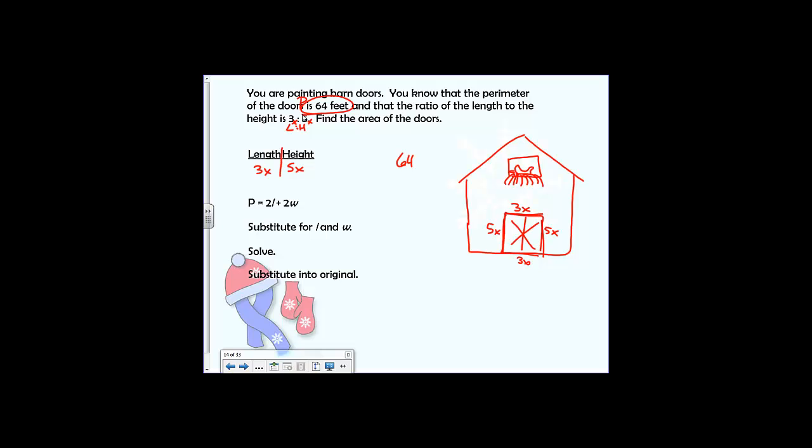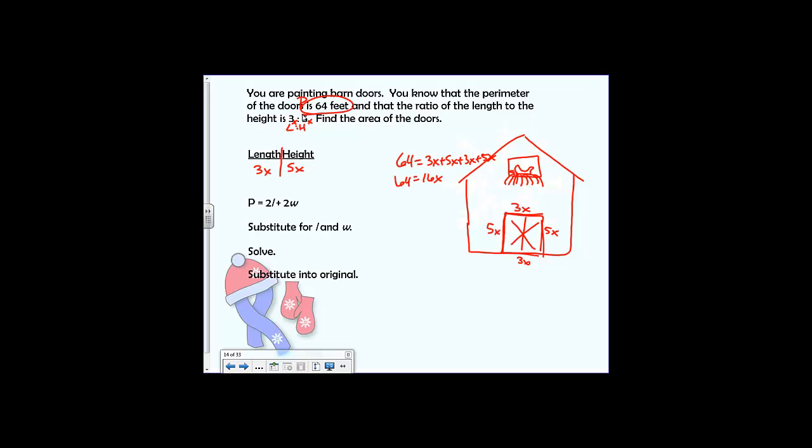The perimeter equals 3x plus 5x plus 3x plus 5x. What do we get? 3 and 5 is 8, and another 8 is 16x equals my 64, right?